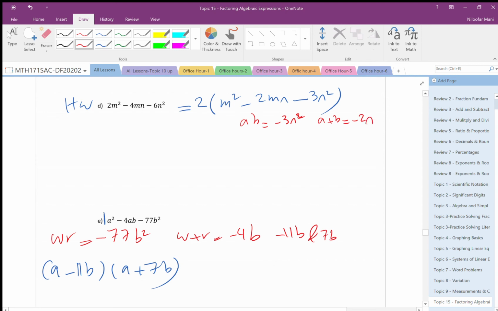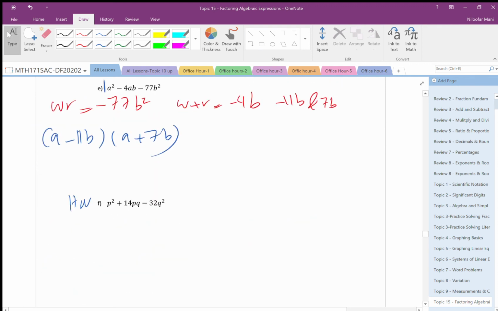So how about minus 3n and 1n? Because when I add them it is minus 2n, and when I multiply them it is minus 3n squared. Yes. Now it is 2 multiple m minus 3n, because beside m I see 1. So I say this is category number 1. So m minus 3n multiple m plus n.